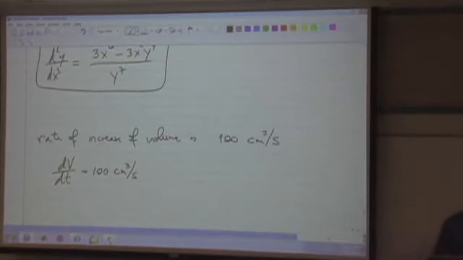Yes? Okay. The next sentence says, how fast is the radius of the balloon increasing when the diameter is 50 centimeters? So let's read this again. How fast is the radius of the balloon increasing? What is that actually asking us to find?